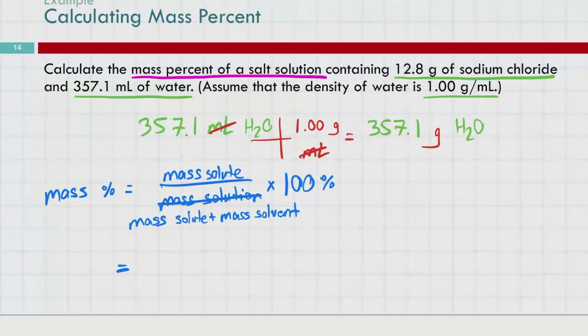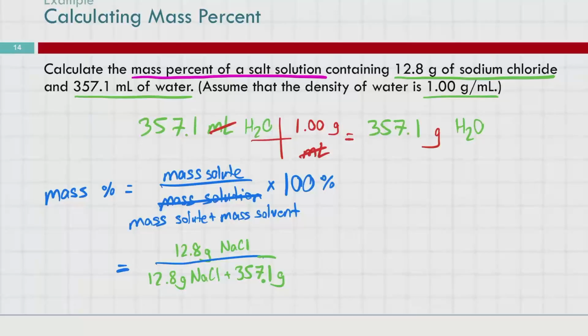So plugging in our numbers, the mass of the solute is the 12.8 grams sodium chloride over the mass of the solute plus the solvent, which is the 357.1 grams.